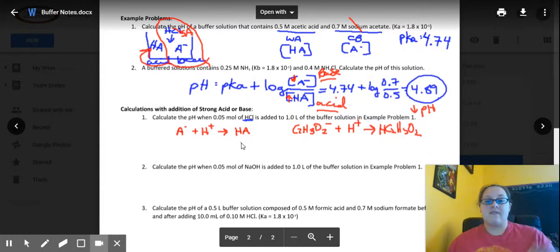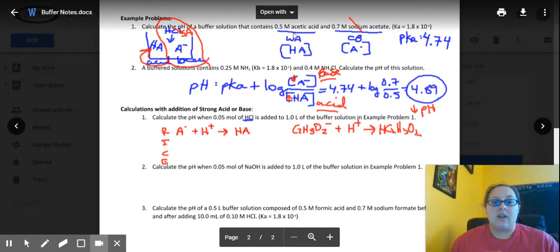So now that we have this reaction written down, let's plug in our RICE chart. So RICE. Remember, R stands for reaction, I stands for initial values. So let's figure out what our initial values are. We know our initial amount of acetic acid is 0.5.